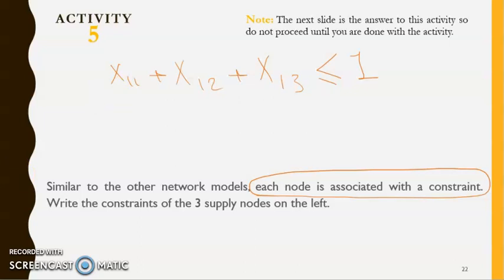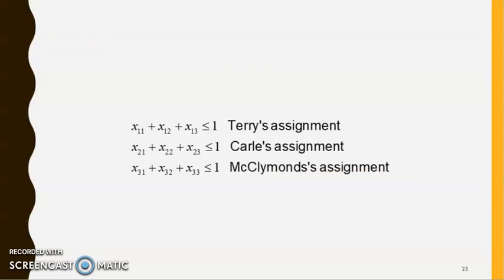And now we are going to check the other ones. Here, as you can see, for the first project leader we have x11, x12, x13 smaller or equal to 1. The second one is in fact the second supply constraint, and it talks about the second project leader. So we have x21 plus x22 plus x23 equal or smaller than 1.